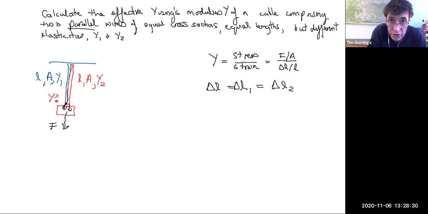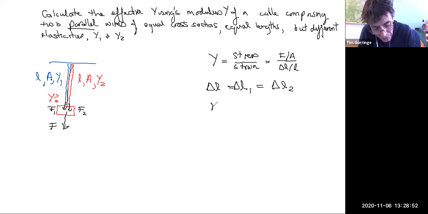That force is shared between the left-hand wire and the right-hand wire, so there's a force F1 on the left-hand wire and a force F2 on the right-hand wire, and together they produce the total force that's exerted on the cable.